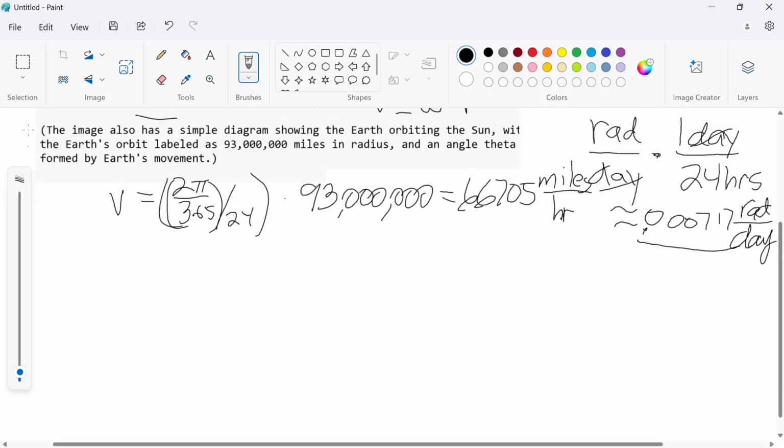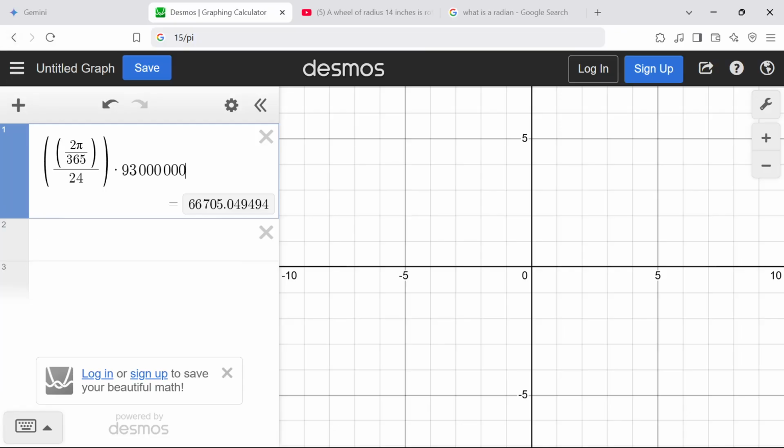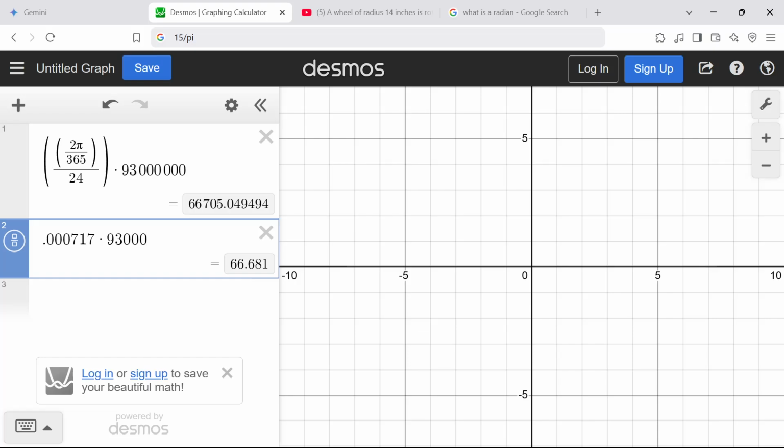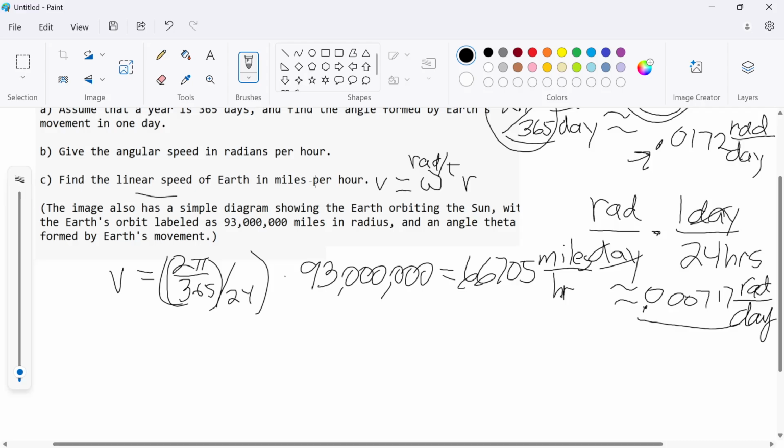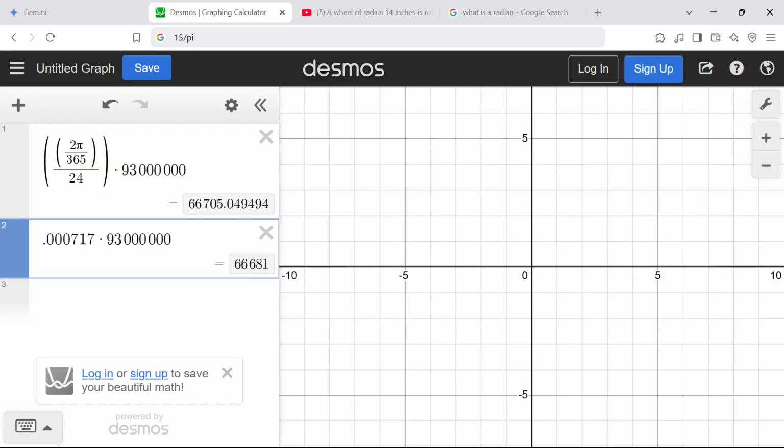Now, if I use the already rounded 0.000717 times 93 million, it comes out to 66,681. So notice there is a little bit of a rounding error. It's always better to use the whole calculation. Don't round in the middle of your calculations. Round it off for the answer.